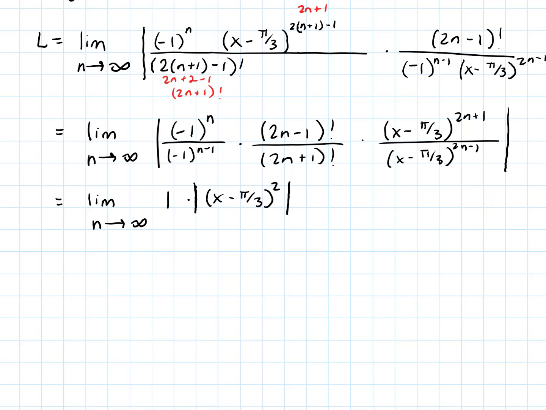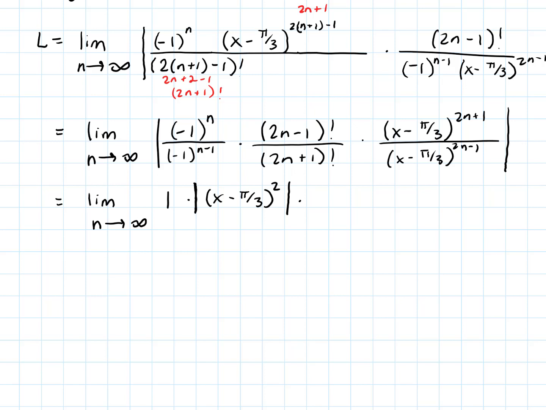I do have to keep the absolute value on that one, although since it becomes a square, I could actually drop the absolute value on that portion as well. Now the factorials are positive, because n is greater than or equal to 1, so on the expansion of the factorials I can drop the absolute value since they're positive.